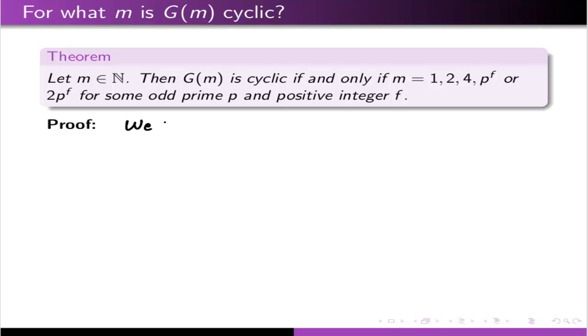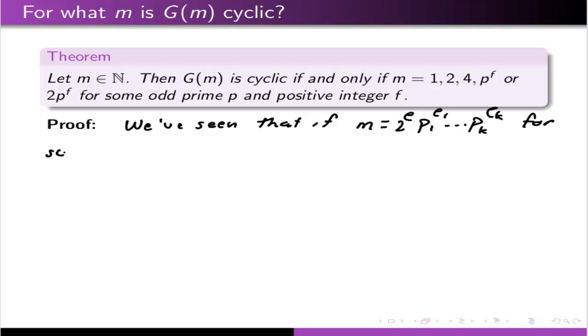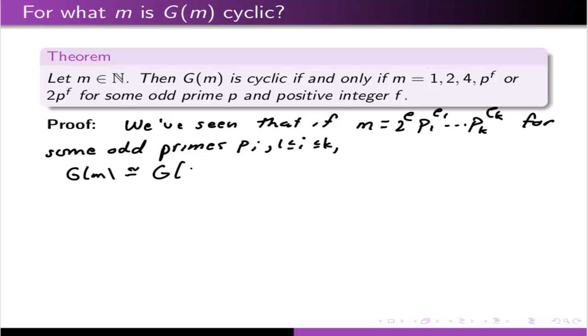So we've seen that if m is 2 to the e, p1 to the e1, pk to the ek, for some odd primes p sub i, gm is isomorphic to g2 to the e cross g p1 to the e1 cross g pk to the ek.